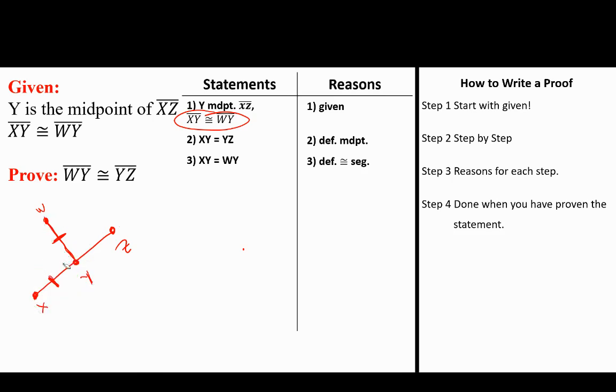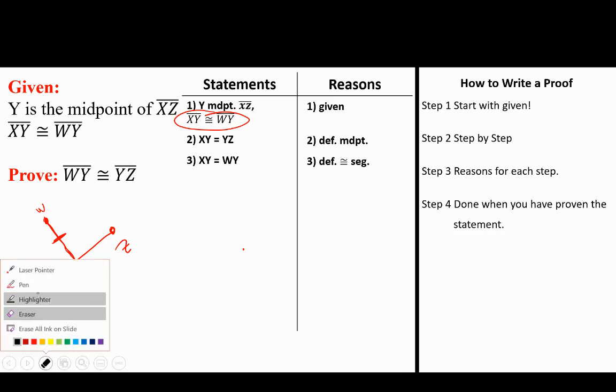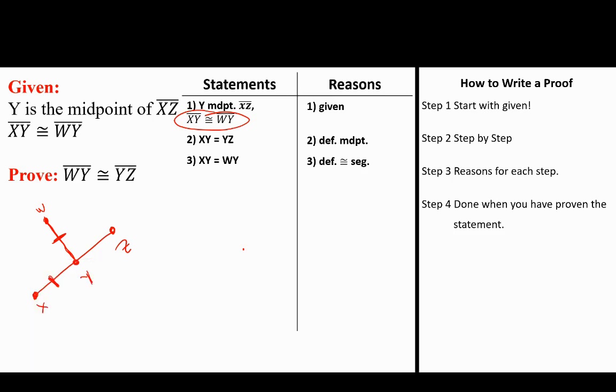There we go. Now, from there, what else can I say? Well, if I know XY is equal to YZ, and I know XY is also equal to WY, then I know YZ and WY are equal. And you can either say that's through the substitution property of equality or the transitive property of equality. Either one of those things is perfectly fine.